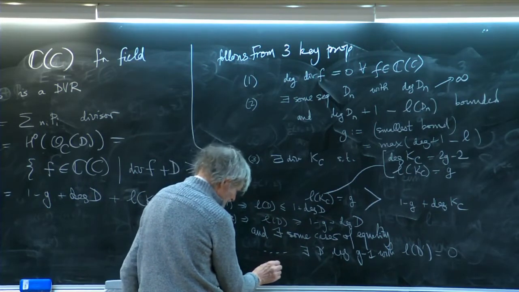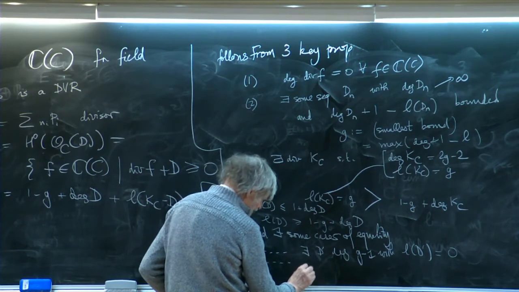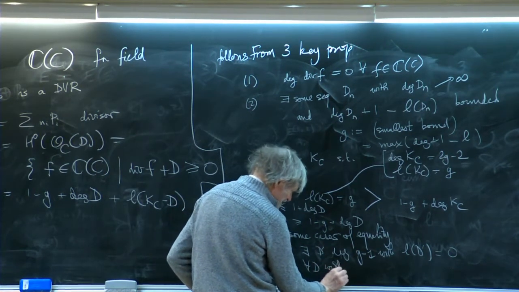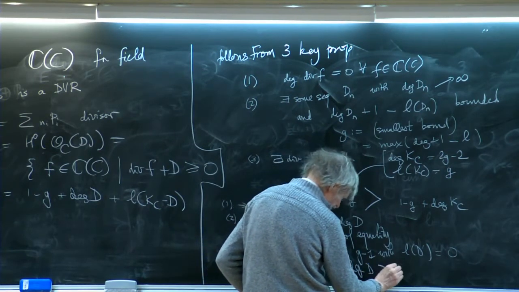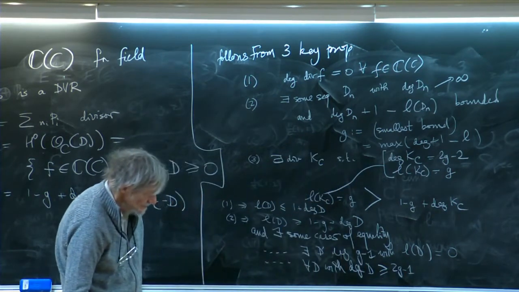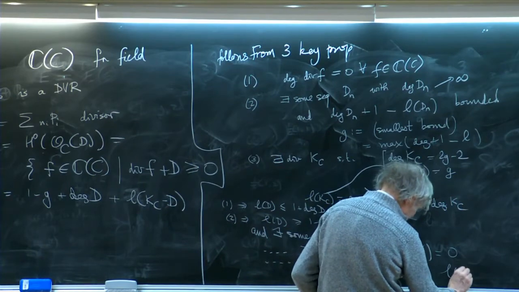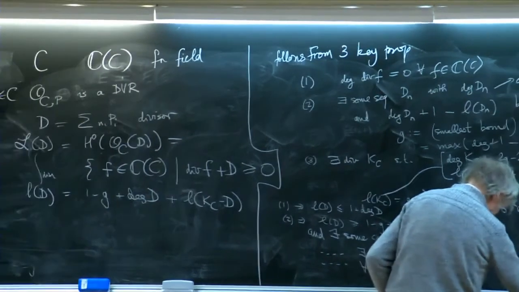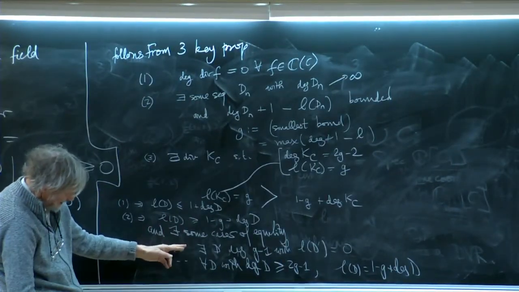And then you work a little bit more, and you find that for every D with degree of D greater than or equal to 2g minus 1, equality holds: L(D) is equal to 1 minus g plus the degree of D. And these are just little induction arguments.